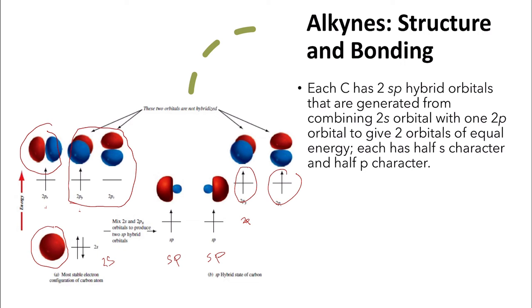Each sp hybridized orbital has 50% s character and 50% p character. That means the bond that comes out of an sp hybridized orbital will be even shorter than with sp2 or sp3, because it has more s character, so it is closer to the nucleus than the other orbitals.